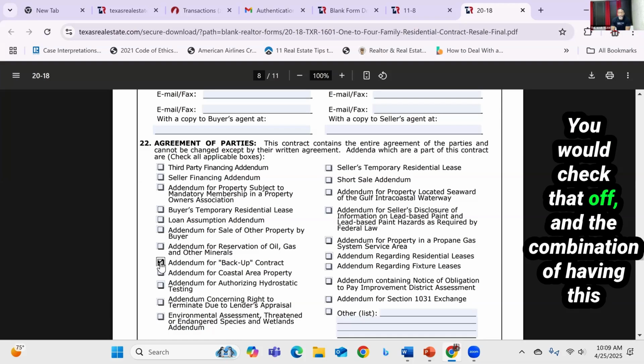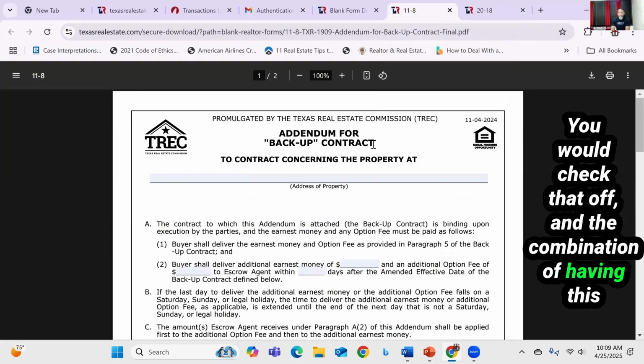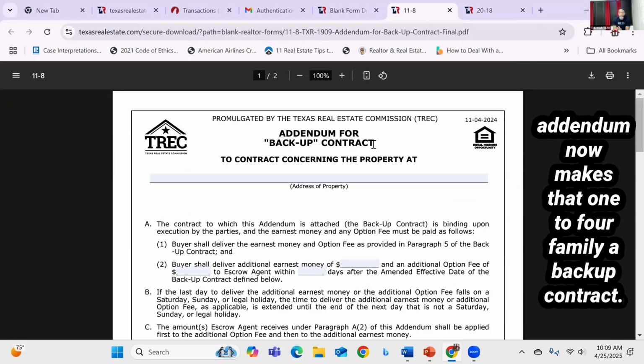You would check that off. And the combination of having this addendum now makes that 1 to 4 family a backup contract.